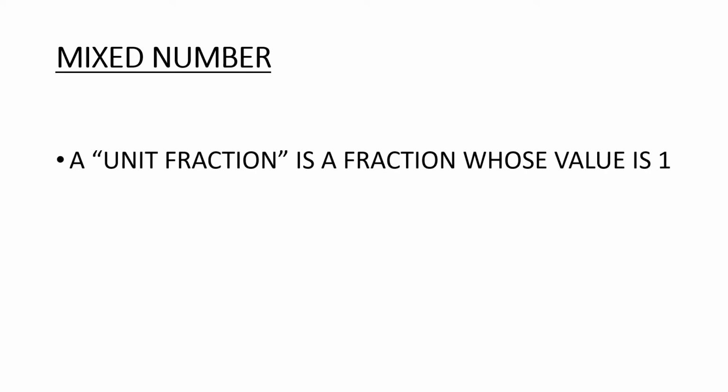We are going to look at mixed numbers in this video. But before we do so, let us look at this term, unit fraction. A unit fraction is a fraction whose value is 1. It might not be mentioned in this terminology, but this is the term I use.